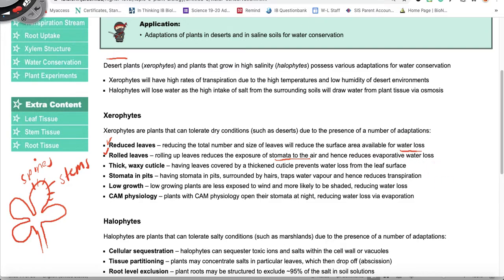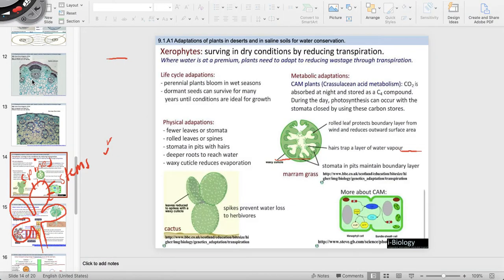So let me quickly show you this picture here, because I think it does a good job of showing you the rolled up leaves. Here you see something known as marram grass, which is a beach grass. Notice how the leaf is rolled up like this.